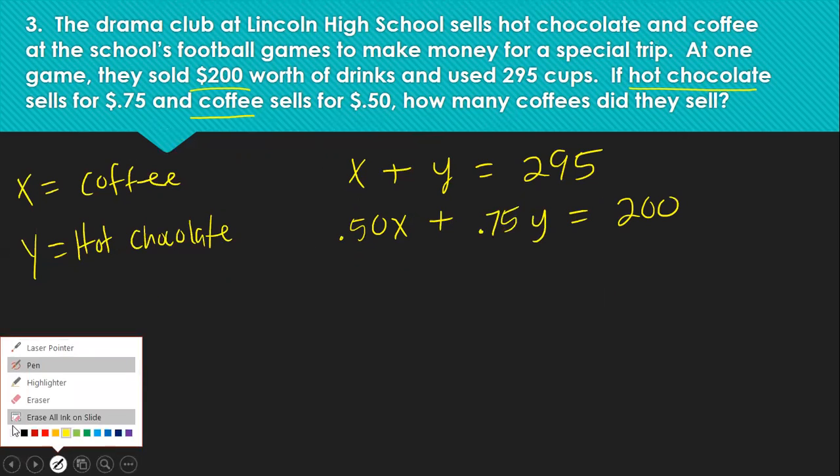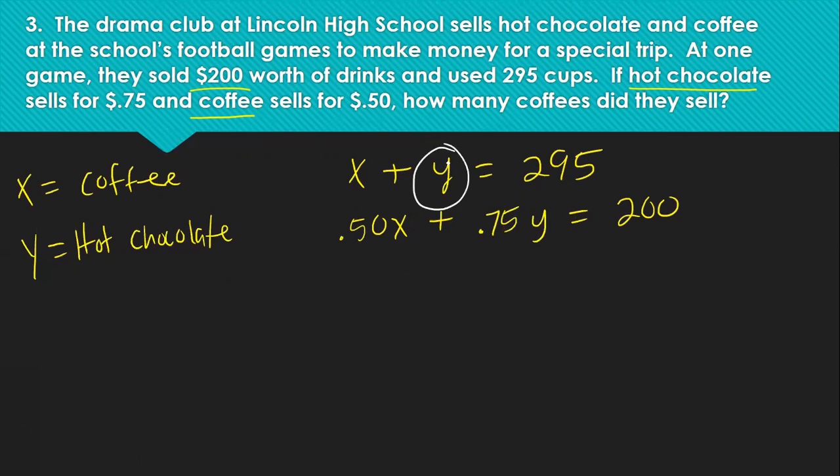And so since it only wants us to solve for coffee, we only have to get y by itself and substitute, because the only variable we care about is x. Does that make sense? So if I get y by itself, that gives me y equals 295 minus x.